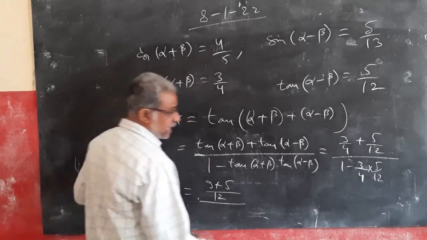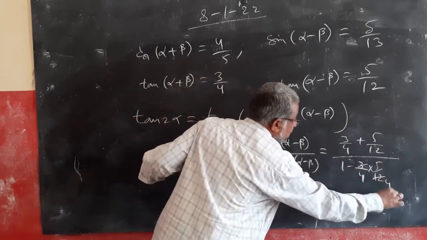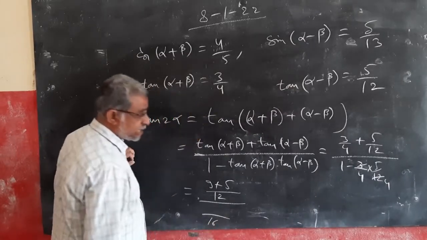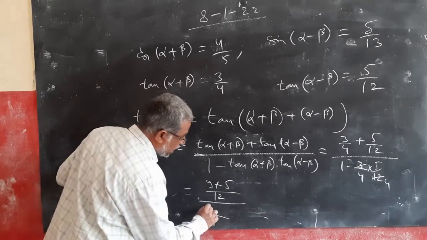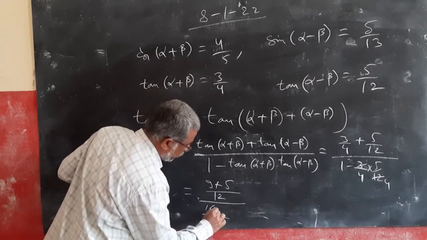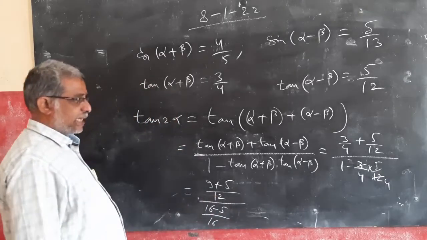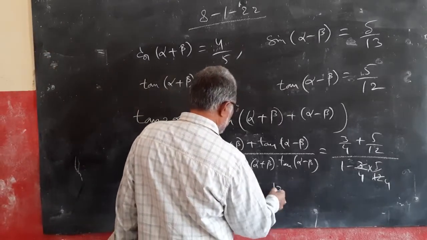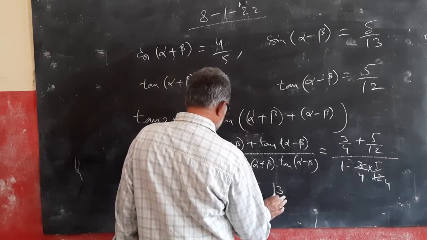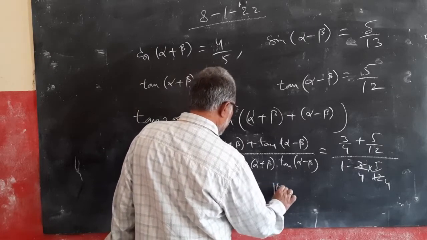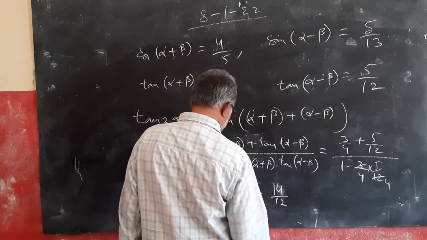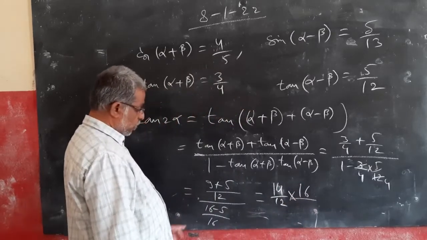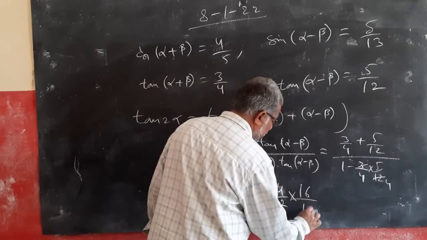I can take 16 as LCM for the denominator, and this becomes 16 minus 5. So this becomes 9 plus 5, 14 by 12, into 16 by 16 minus 5. 16 minus 5 is 11.